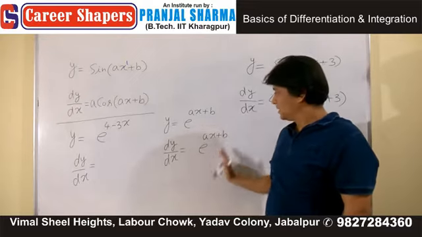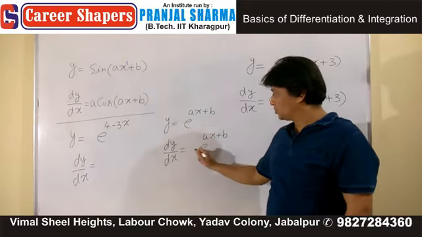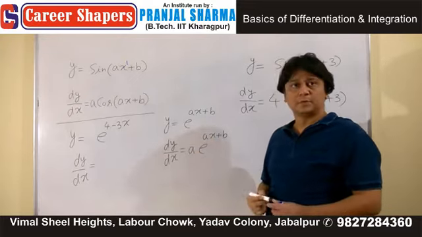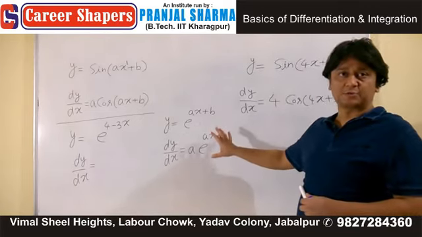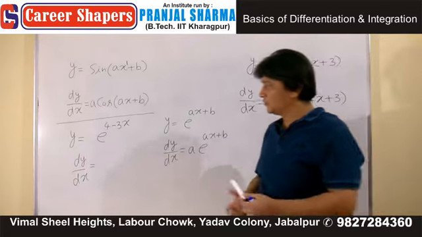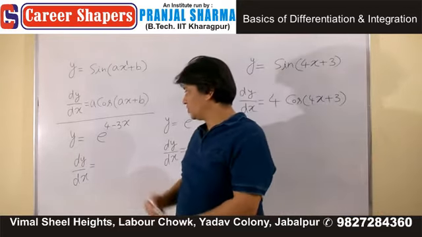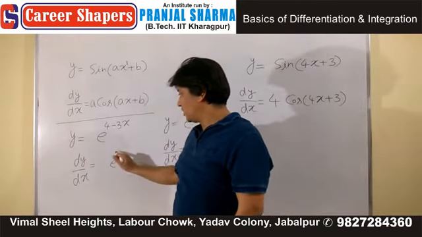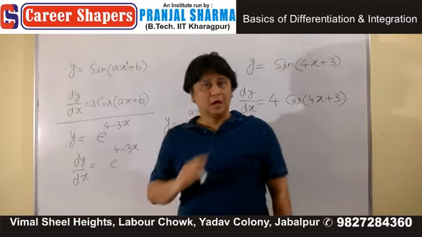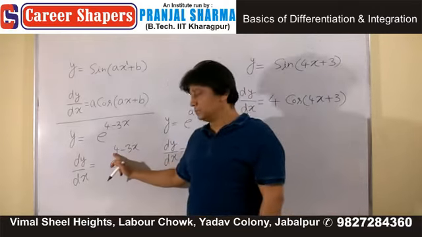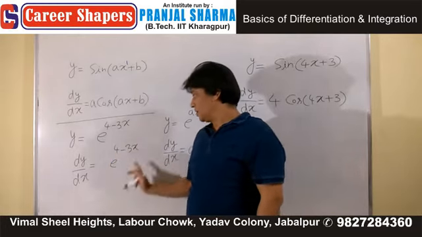And then coefficient of x, which is a, as long as power of x is 1 in ax plus b, which it is. And therefore, what is the answer for this? E to the power 4 minus 3x. Now remember, a is not 4. What is a?